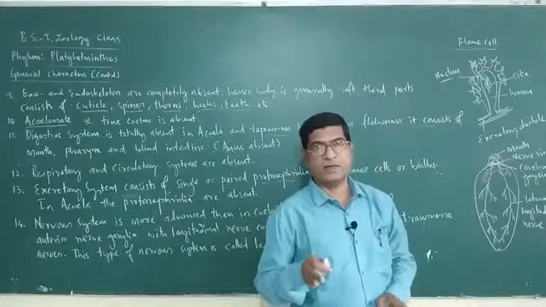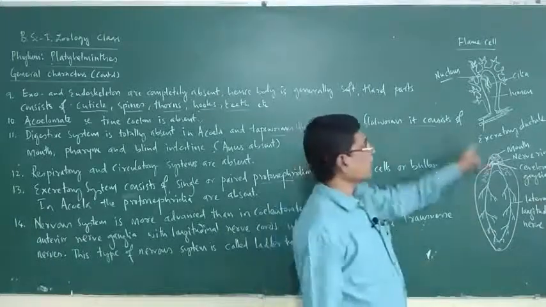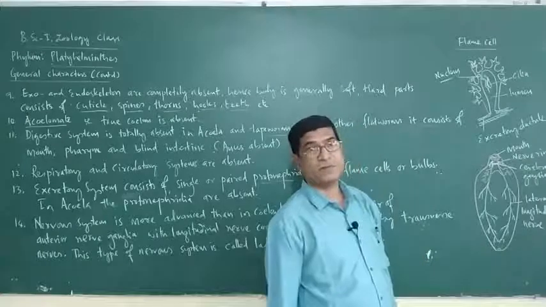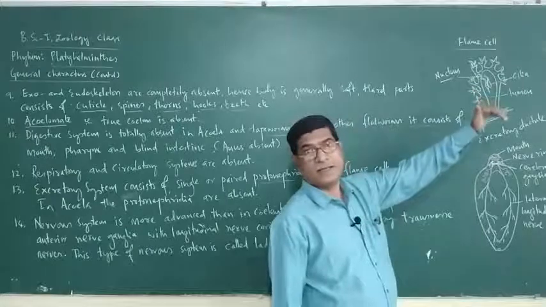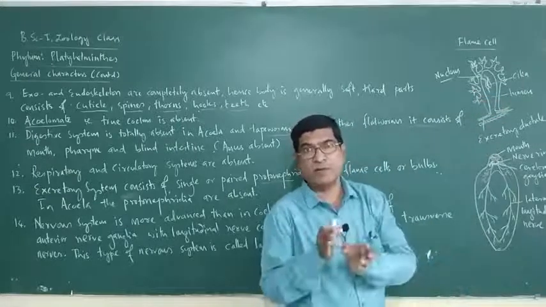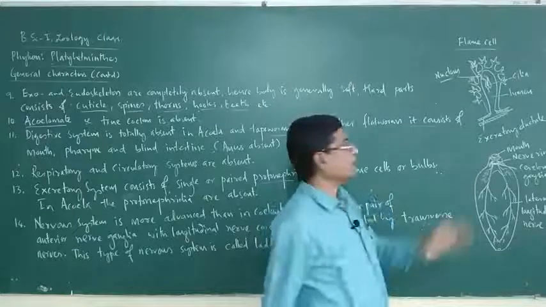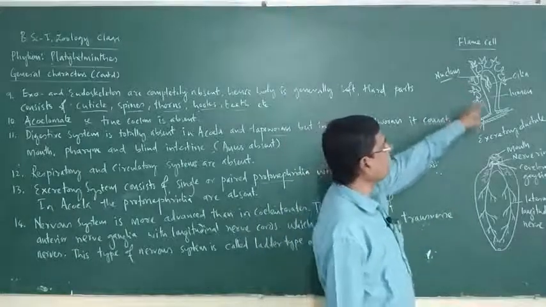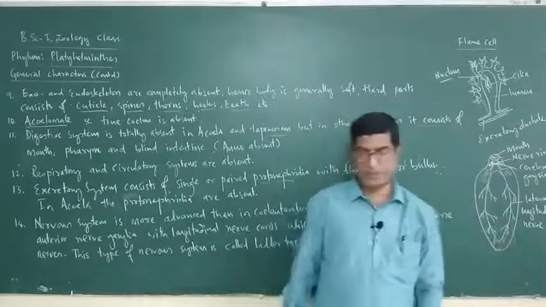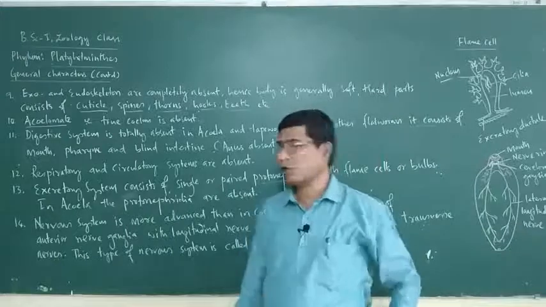They look like the flickering of a flame. Therefore, they are called flame cells or protonephridia. These are used for excreting nitrogen-based material from the body.